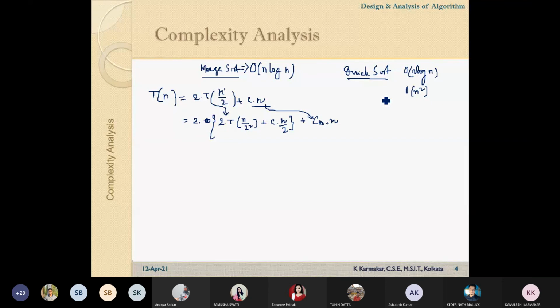So in the next class, we'll just touch this topic, with two examples, one for merge sort and one for quick sort, how we can calculate their complexity. And then from the next class, we will move to different types of algorithmic techniques like greedy, dynamic programming, approximation method.